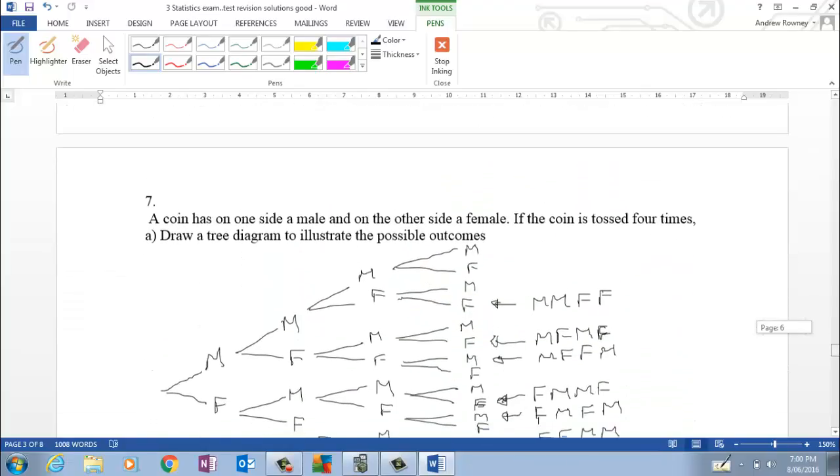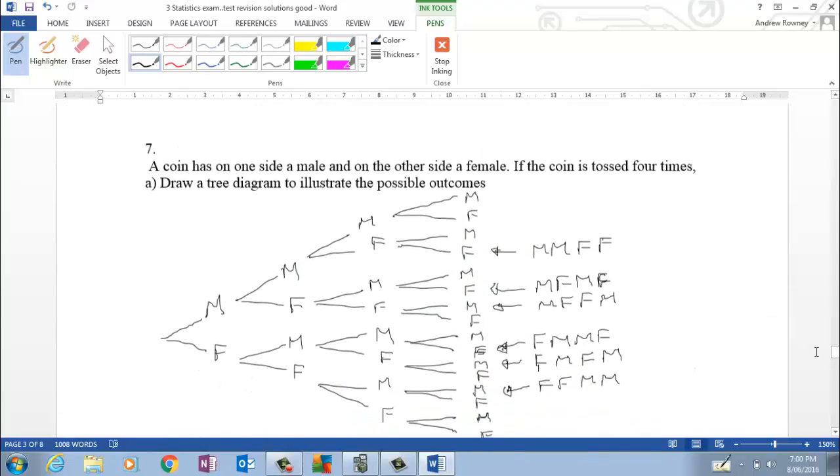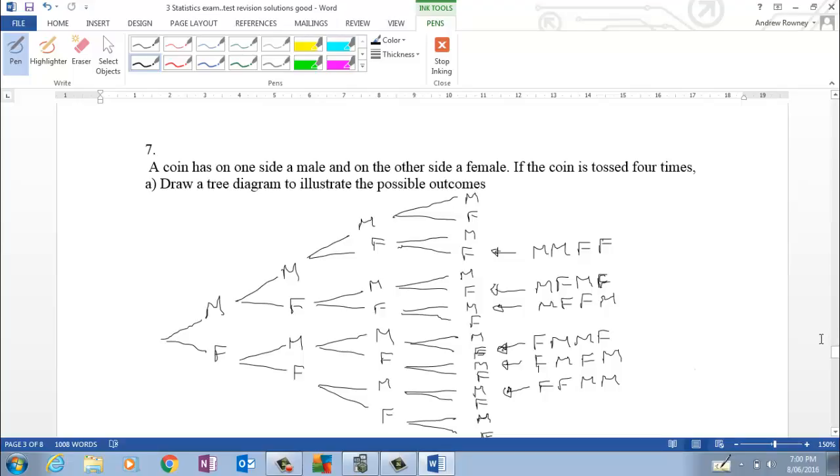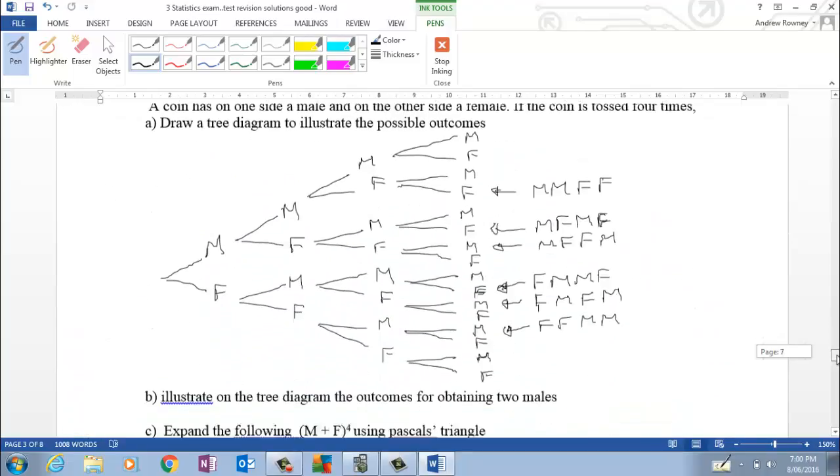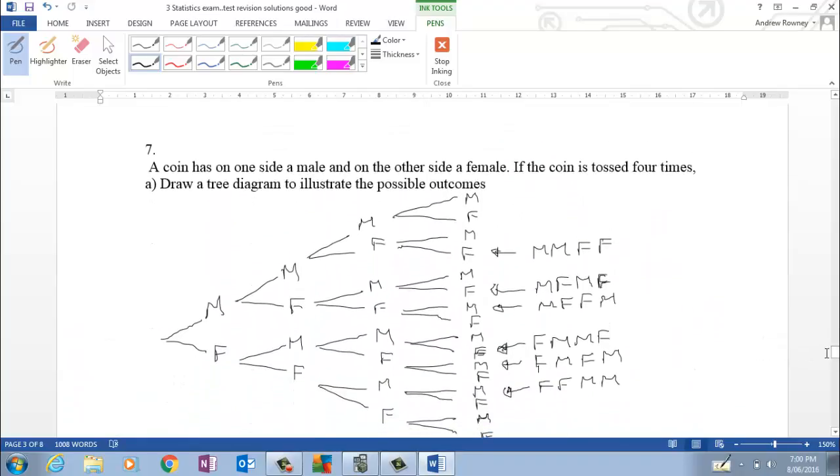Now question 7, a coin has on one side a male and on the other side a female. I've added this one as an extension because it links this counting and combination theory with probabilities. So if you were to flip the coin 4 times, you have to draw a tree diagram. In the first toss you could get a male or a female.